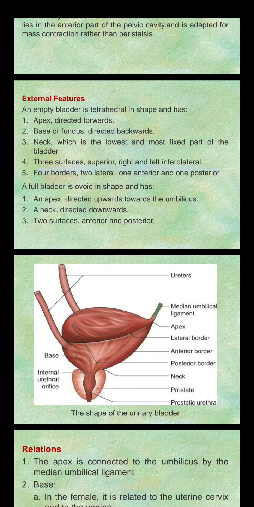The neck is directed downwards. In an empty bladder there were three surfaces, but in the full bladder there are two surfaces, anterior and posterior.